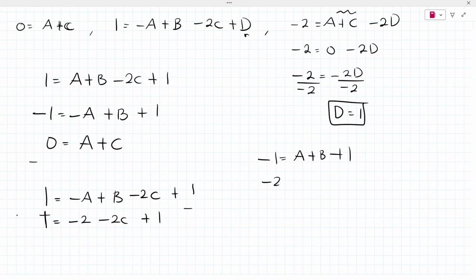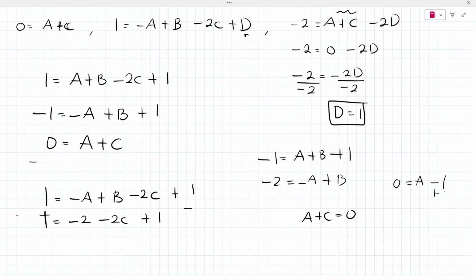And then you get -2 equals -a plus b. We also know that a plus c equals 0. So, yeah. And then I think we could say 0 equals a minus 1.